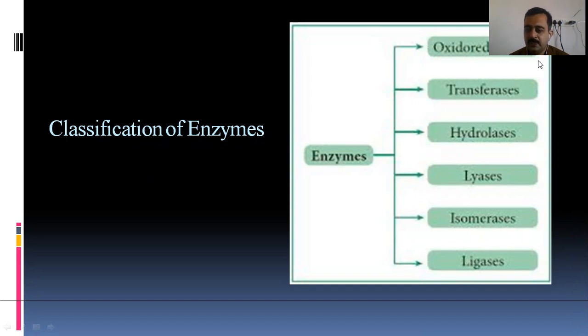Now, if you see, the last three letters of every class are ases. So transferases, hydrolases, lyases: all these endings stand for enzymes in their particular class. So the enzymes are being classified into six different classes.